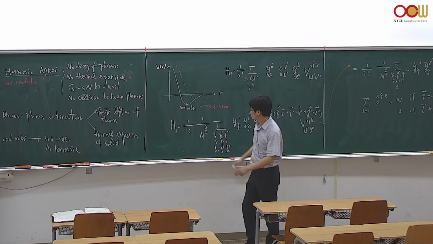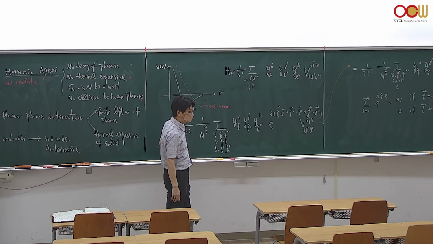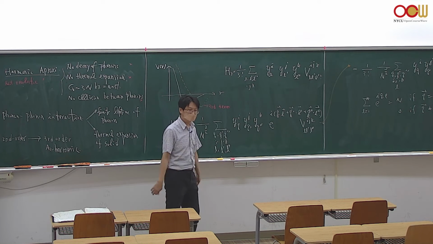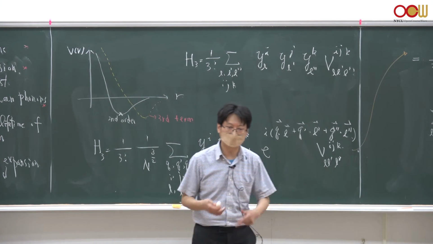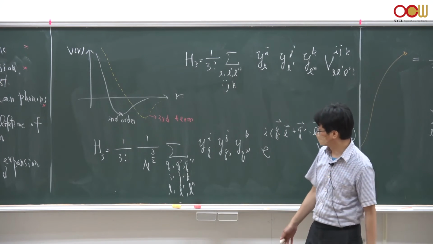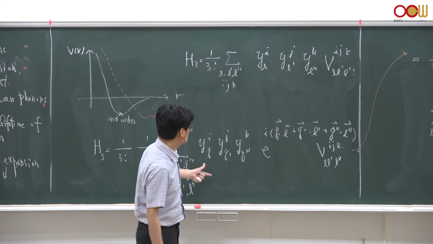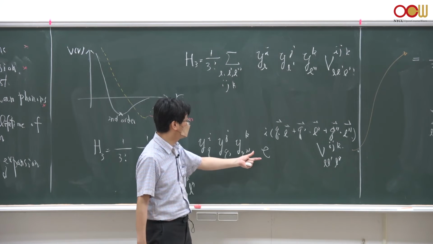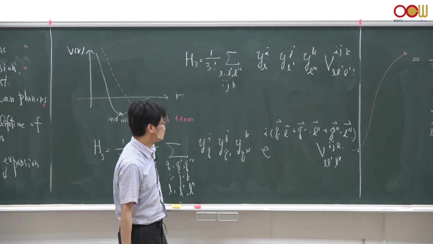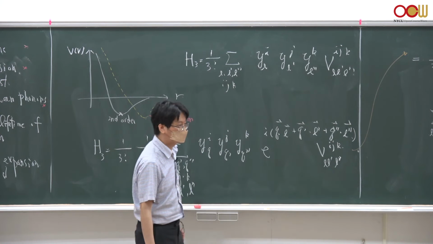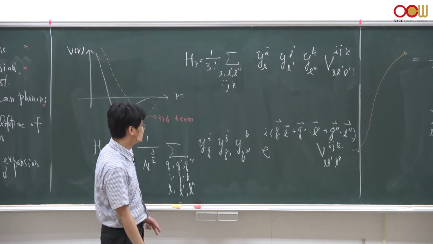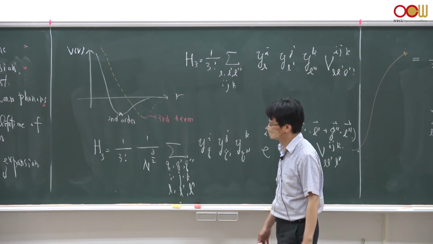Okay. However, we get the third order term in this perturbed expansion of the phonon displacement vector, and that third order term turns out to be very important to reach thermal equilibrium and to explain the thermal expansion of solids. So such a term in terms of displacement vector is given by y_qi, y_q'j, y_q''k times this Fourier phase factor and the matrix element V_ijk, L', L'', which is a similar expression as we did for the second order harmonic approximation.